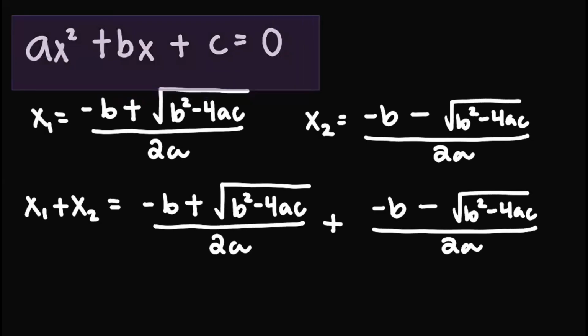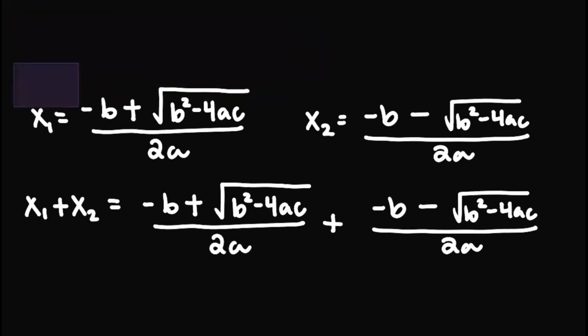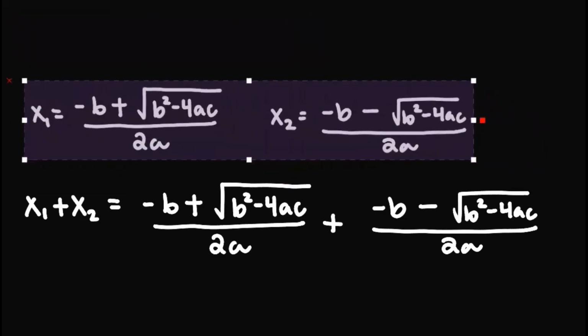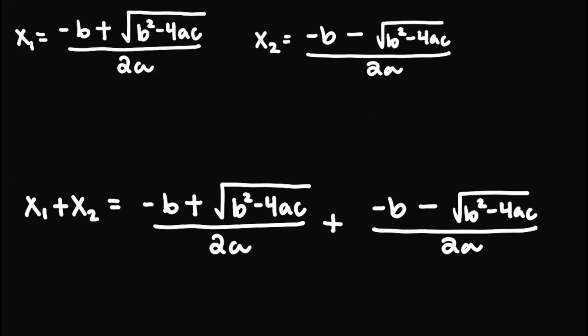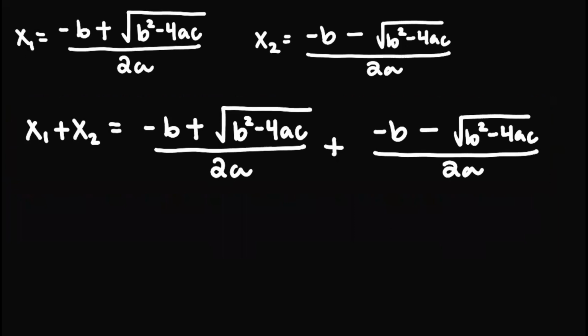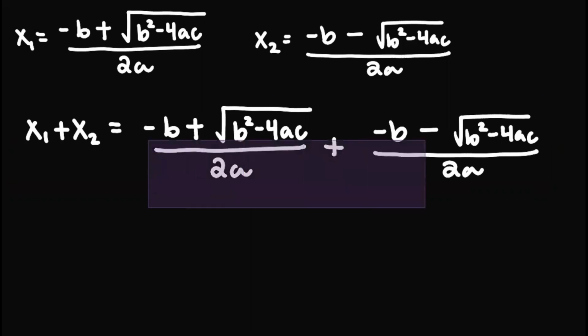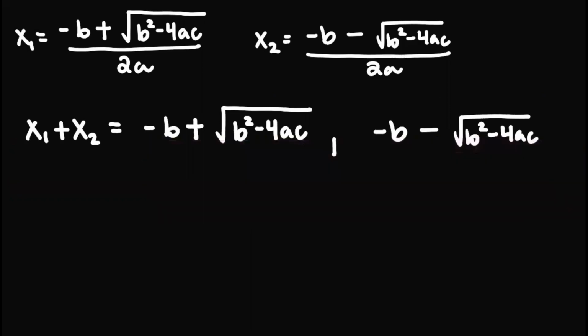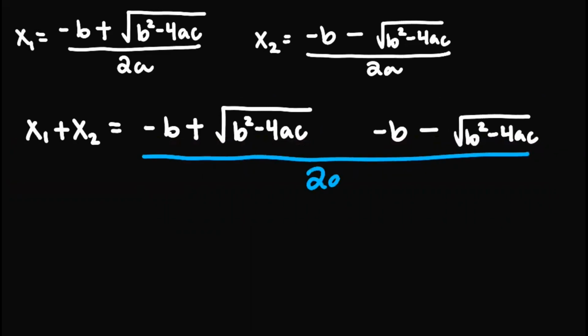Let's remove this one to save some space and resize this first and move this up here. So since we have the same denominator, we can simply combine these two into a single denominator.